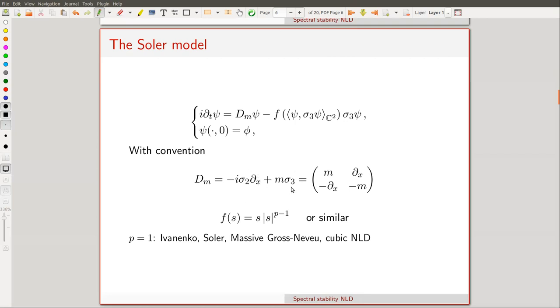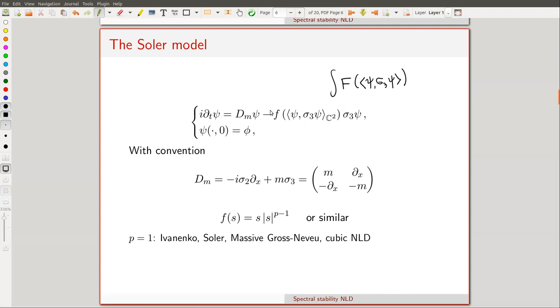There are different conventions in the literature, but the important thing to call this a Soler model or a generalized Soler model is that the matrix that goes with the mass is the same matrix as the one inside the nonlinearity. So all of this nonlinearity, you can see as a first variation of F, the primitive of this small f of psi-bar sigma 3 psi.